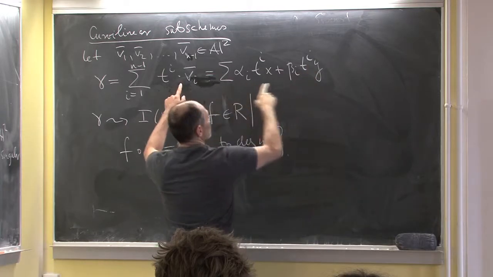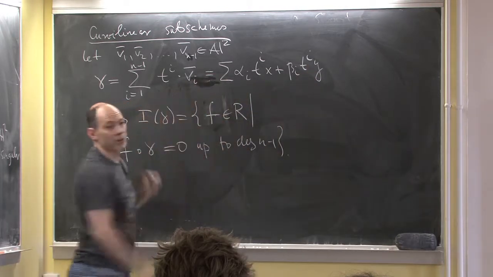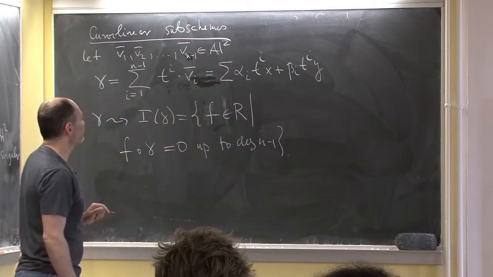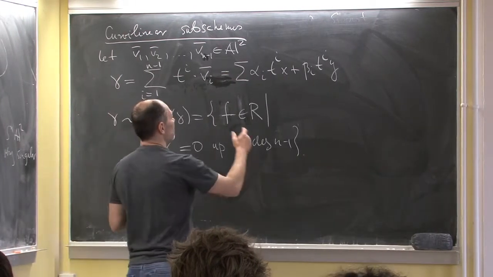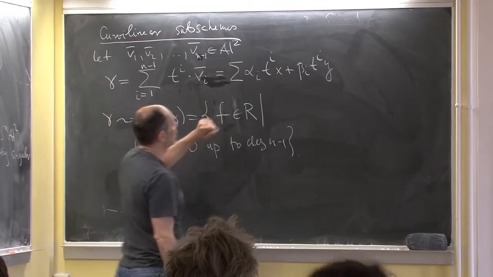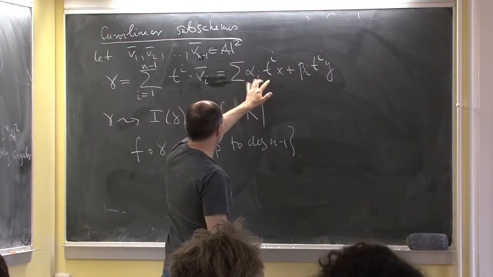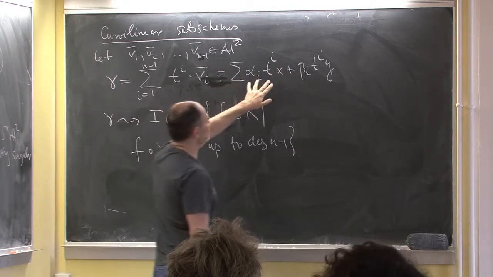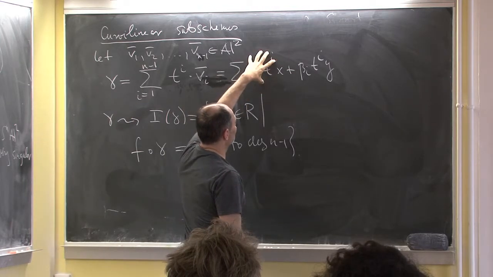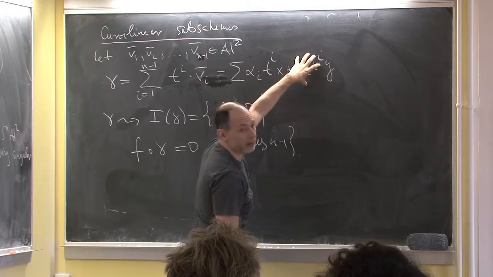These alpha I and beta I are just the components of Vi. And so then the idea is that you just make a substitution for x, which is this coefficient, and for y, which is this coefficient.